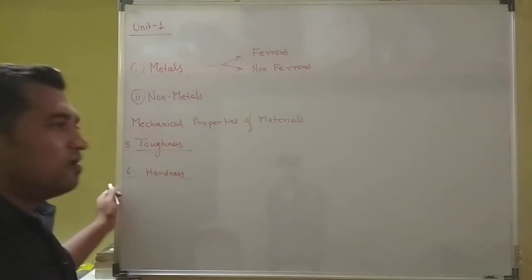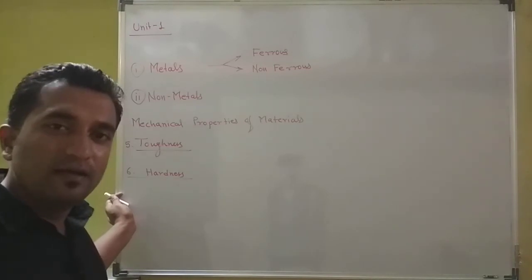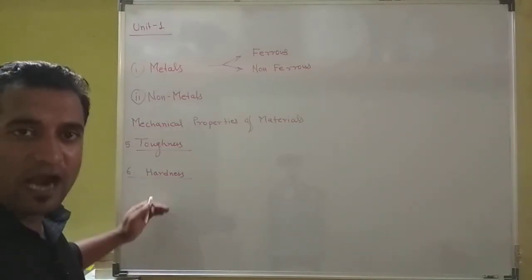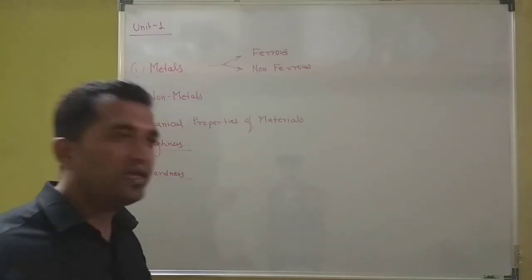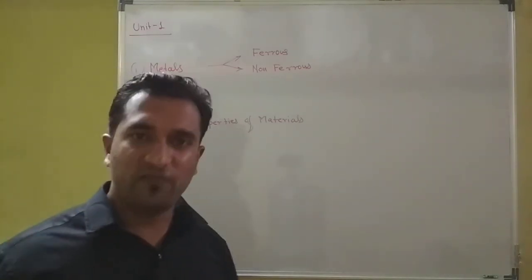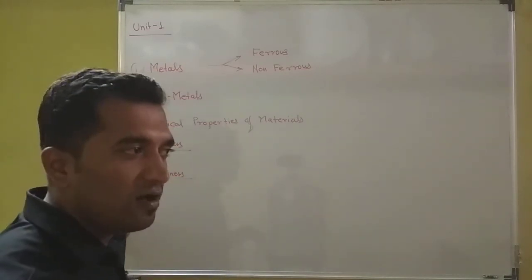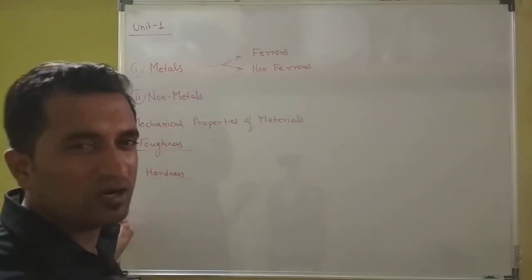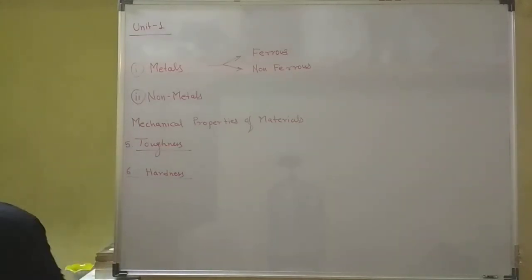Obviously, this can absorb more force compared to glass, but toughness is different, hardness is different. Hardness is, in general we can say, scratch proof, and this metal is not scratch proof. Okay, let us see afterwards that.